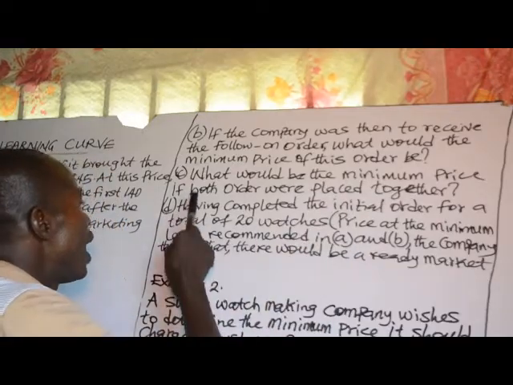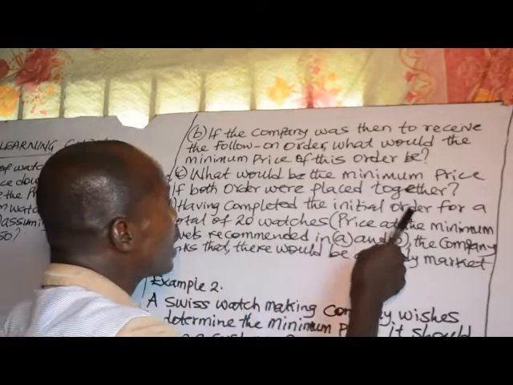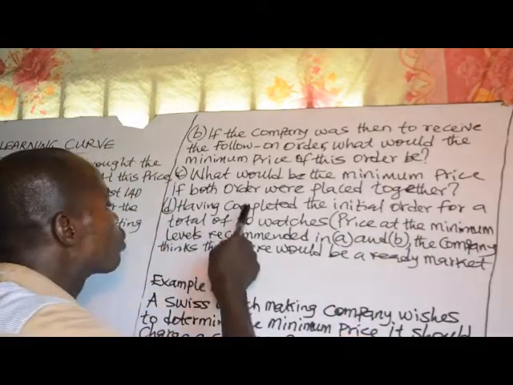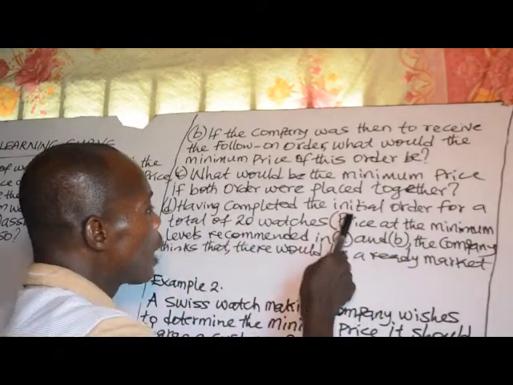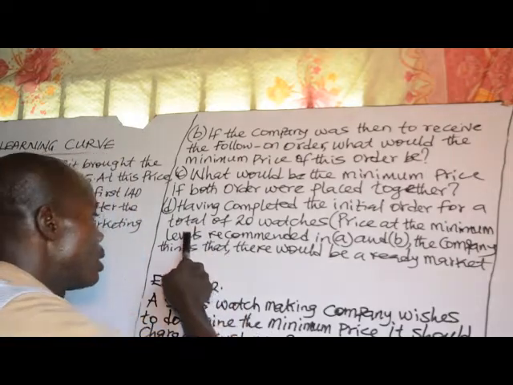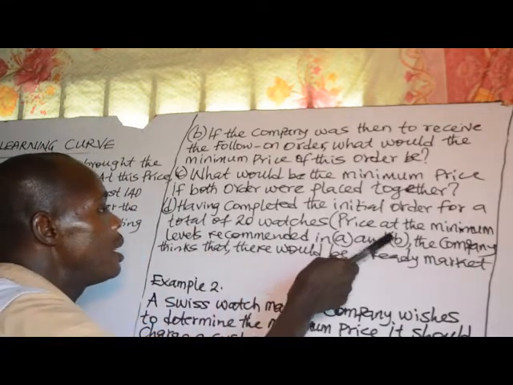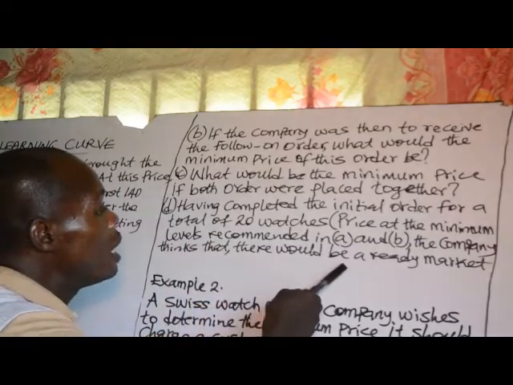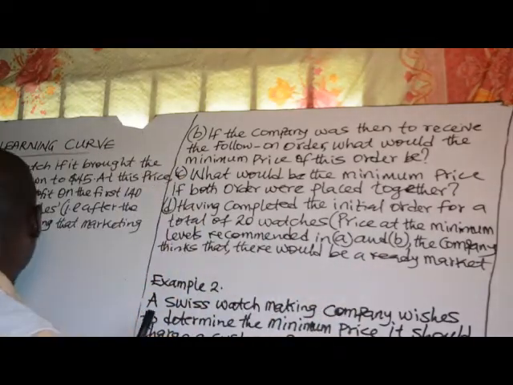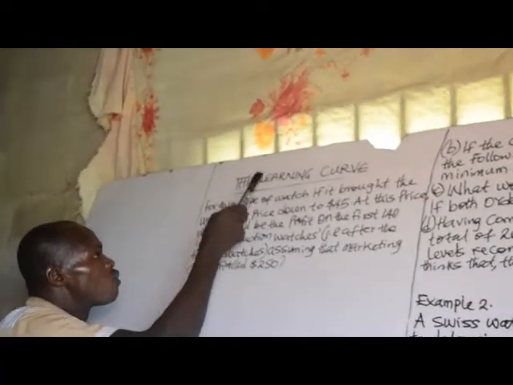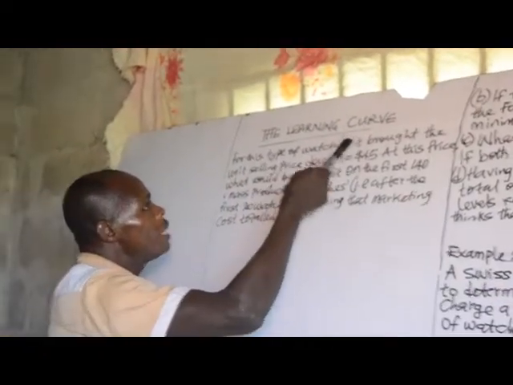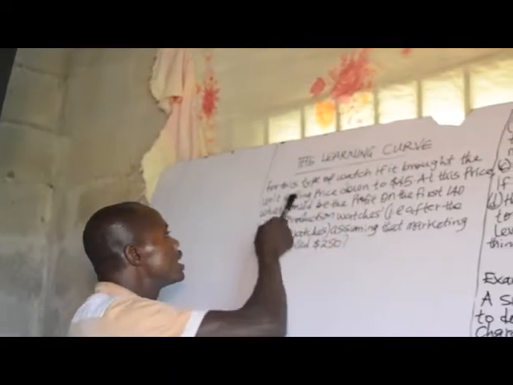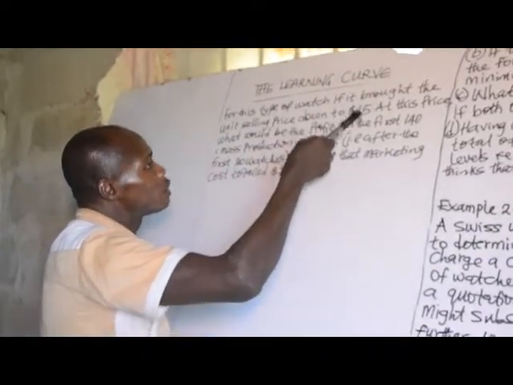D. Having completed the initial order for a total of 20 watches, priced at the minimum levels recommended in A and B, the company thinks that there will be a ready market for this type of watch if it brought the unit selling price down to $45.